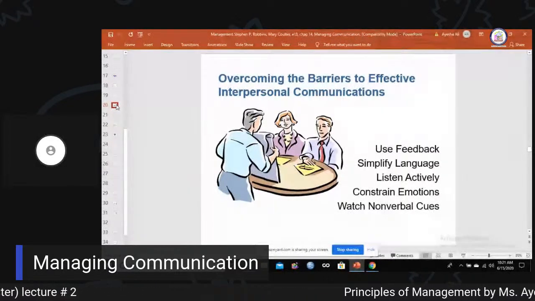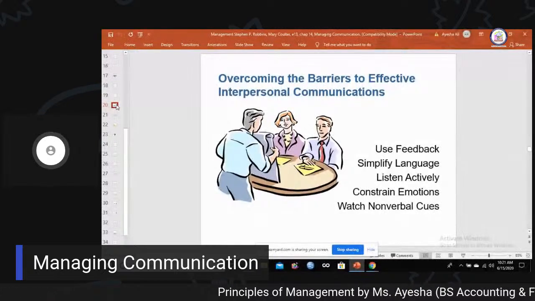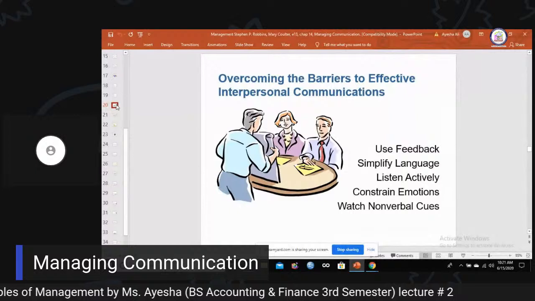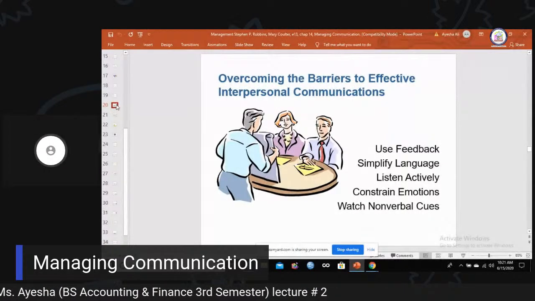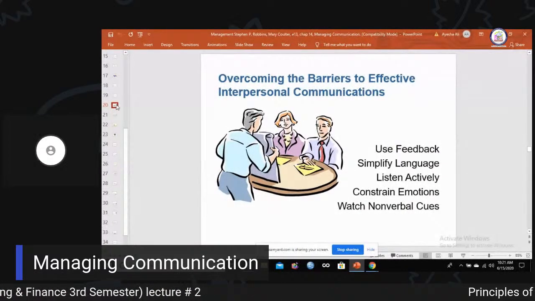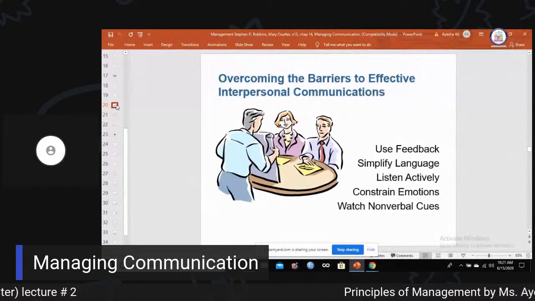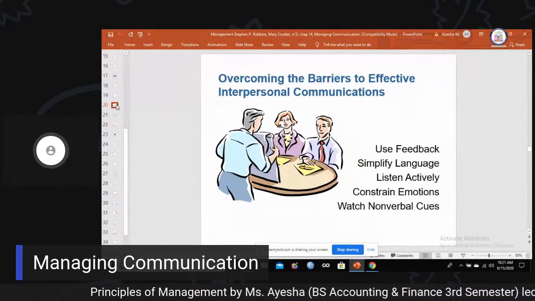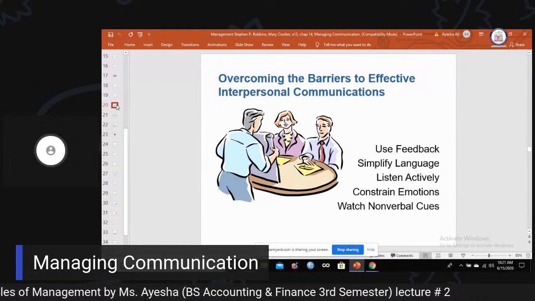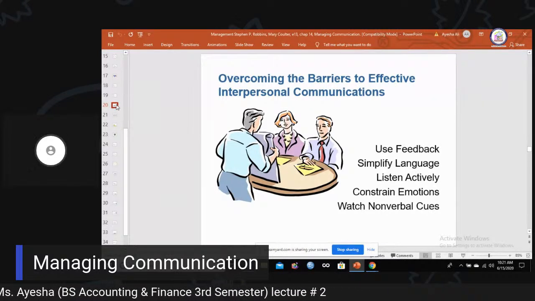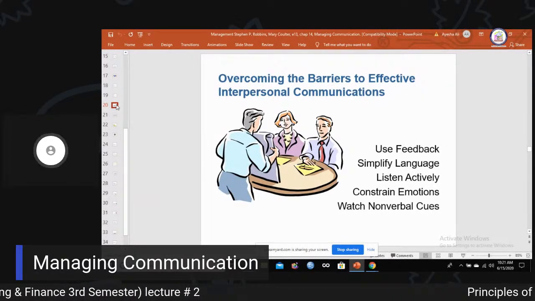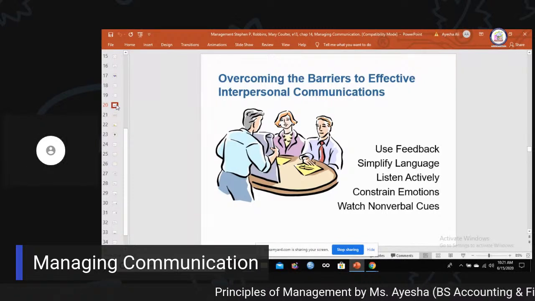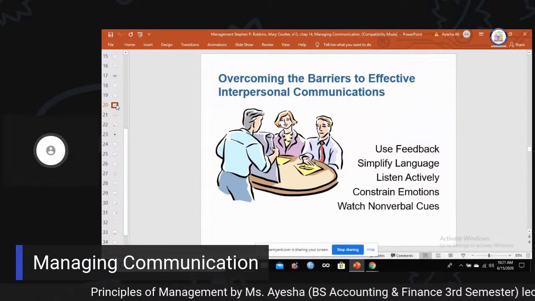And then we have constrain emotion. We are human, so of course we all experience some sort of emotions, sometimes happy, sometimes upset, sometimes confused, sometimes angry. It's okay to feel this way, but we can reduce the effect of, or change, our emotion about certain things or situations.